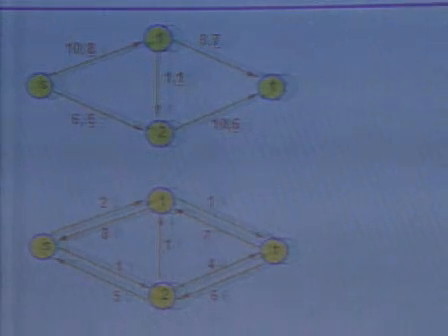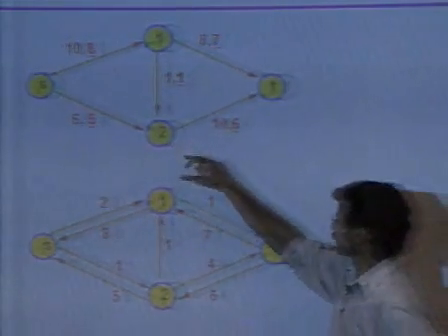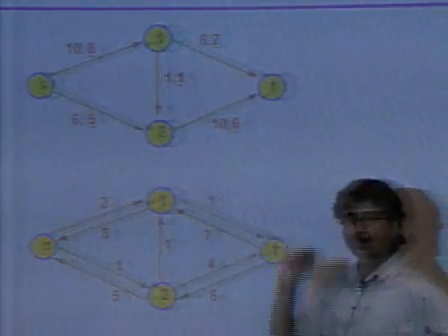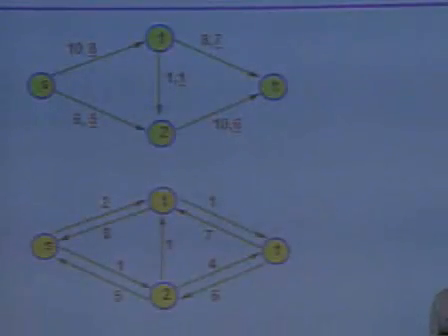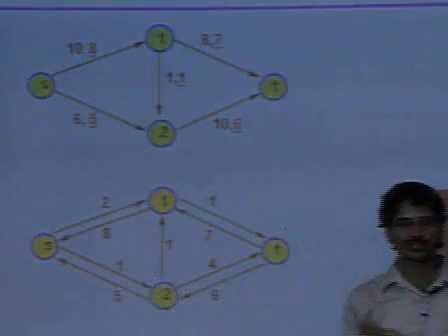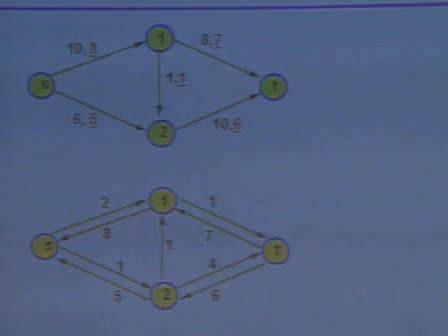Let's look at this arc from S to 2. From S to 2, the original network has an arc of capacity 6, and the existing flow on it is 5. So we want the residual network to capture ways in which the current flow can be modified. There are a bunch of things we could do.